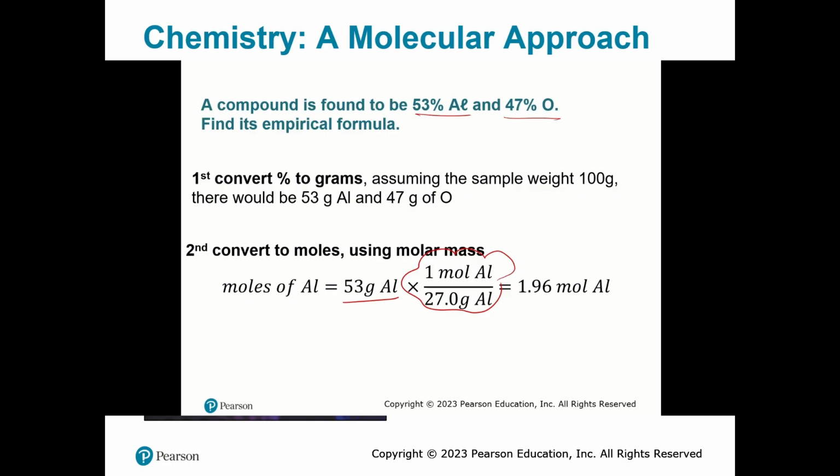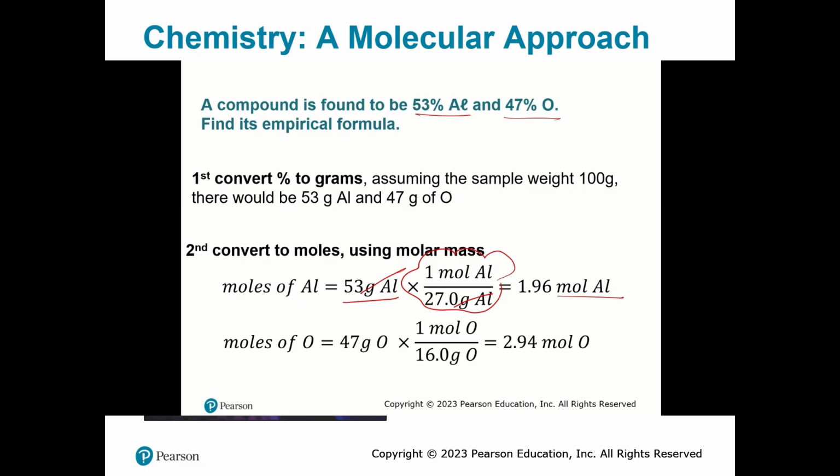I round the numbers here just to make my life easier, but you will not do this in the exam. You're going to use all the numbers and the periodic table that I'm going to provide to you during the exam, okay? Then I can cancel out those units and I'm left with moles of aluminum. So 53 divided by 27 is 1.96 moles of aluminum.